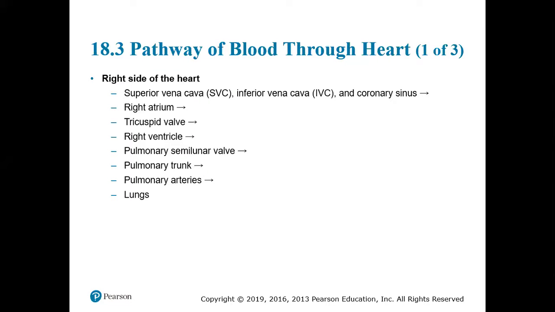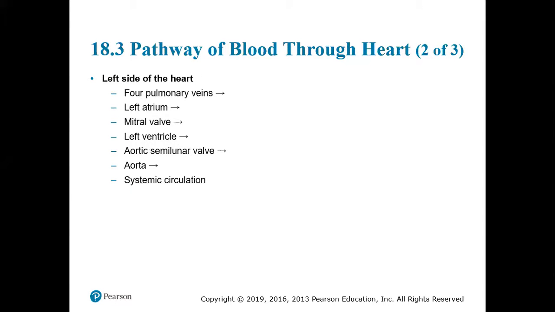So when we look at pathways and flows of blood through the heart, let's take a look at the right side of the heart. In terms of the right side: superior vena cava, inferior vena cava, and coronary sinus. Here are all the other things we have going on in terms of the right side of the heart. Left side of the heart: 4 pulmonary veins. Pulmonary, right?